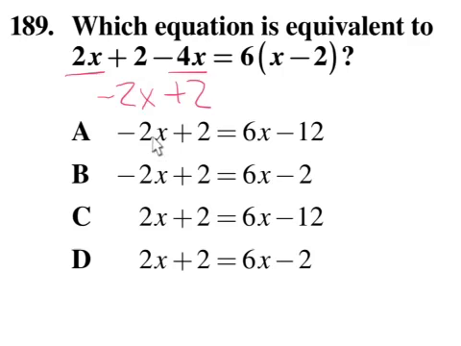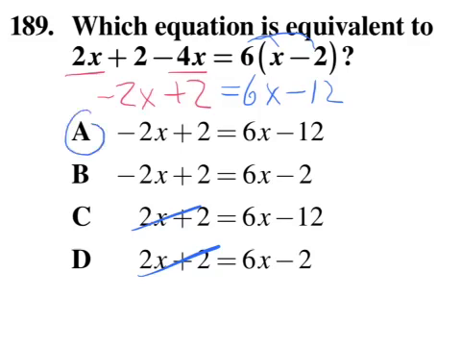Is it A or B? So could I cross off this and this? Now over here, aren't you going to distribute the 6, giving you 6x, and distribute the 6 and get negative 12? So do you see it's A? Because on the left side, that's what you got. On the right side, that's what you got. You got an equivalent expression or equation.